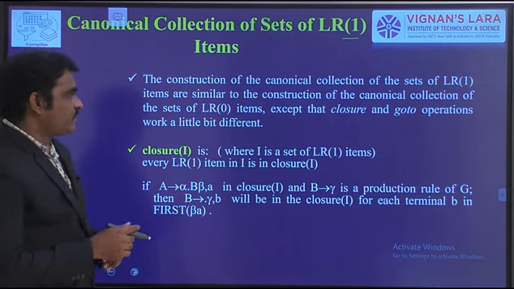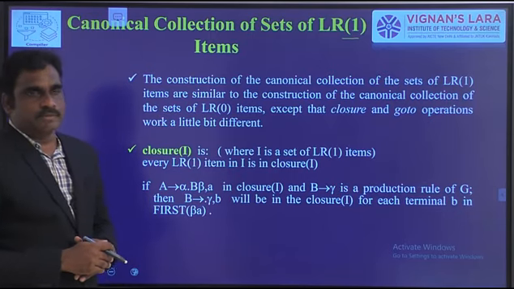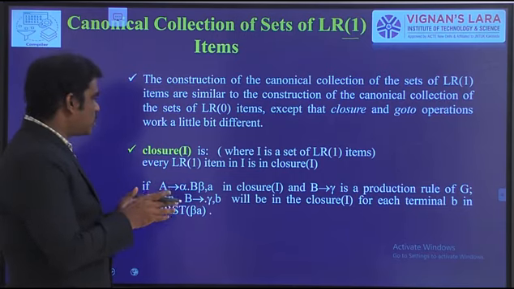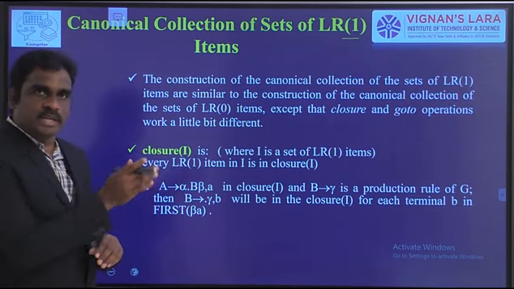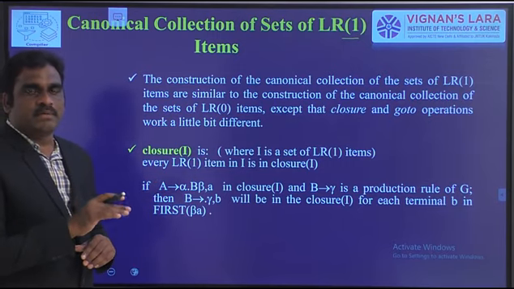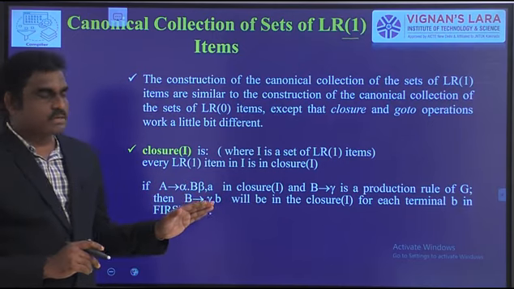Now we will see the definitions of goto and closure set functions. Both goto and closure operations, from the operation point of view, are the same in SLR as well as CLR. The only difference is that in SLR we have only one component, whereas in CLR we have two components.